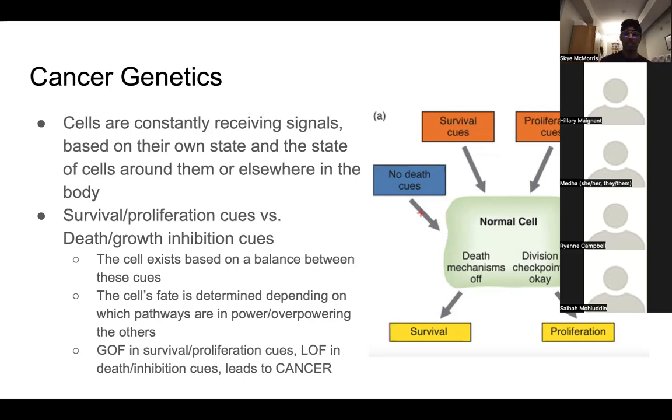If you have a gain of function in those survival or proliferation cues, which means that they're always on, sometimes if the cell's not supposed to have those on, if the cell does come off the extracellular matrix or is in a place where it's not supposed to be, or it's not supposed to replicate, that can lead to the cell replicating out of control, and that's cancer. Similarly, if you have a loss of function in the death cues or the growth inhibition cues, again, the cell won't die if it's supposed to. It won't stop growing when it's supposed to stop growing, and it'll grow out of control. Again, that leads to cancer.